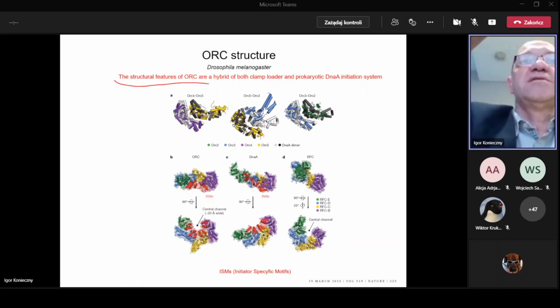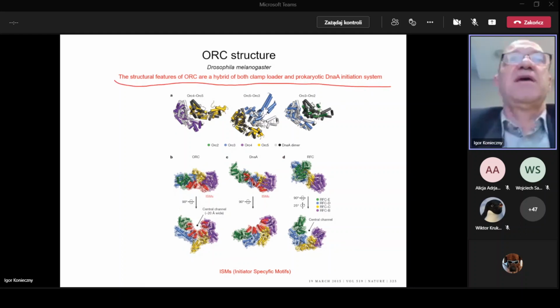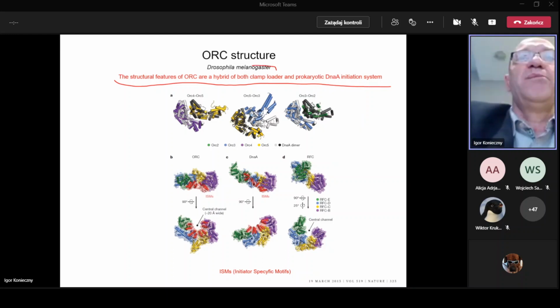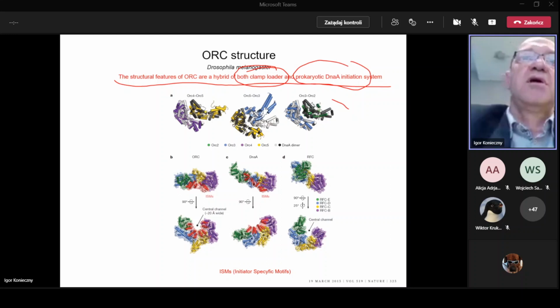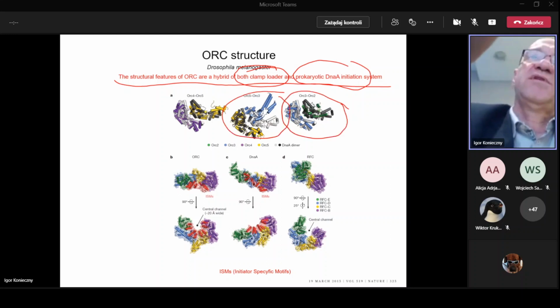ORC proteins are kind of a hybrid of both the clamp loader and the prokaryotic DnaA protein, and these are superpositions showing these similarities.